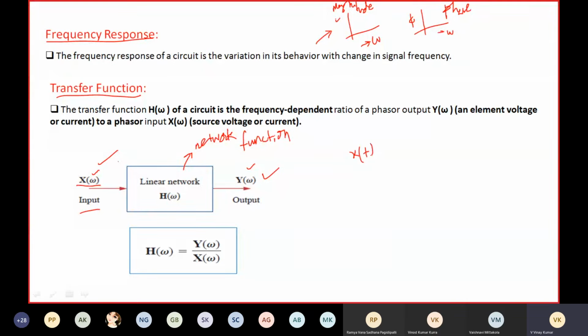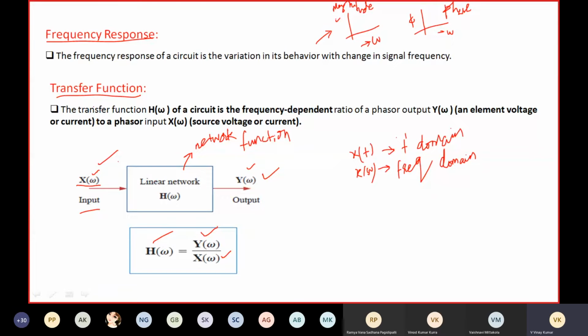Omega means this is the input function in the frequency domain, whereas X of t is the input function in the time domain. So the ratio of output to input is called the transfer function.